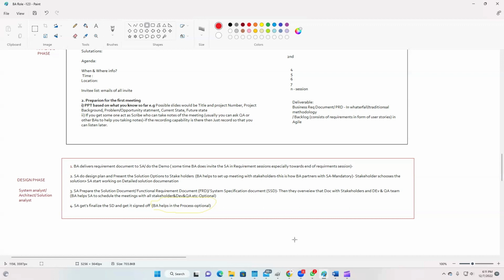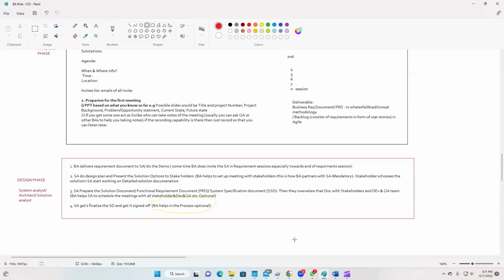During the design phase, the BA partners with the solution analyst or architect or system analyst, whoever is responsible for the design, and helps them understand the requirements.